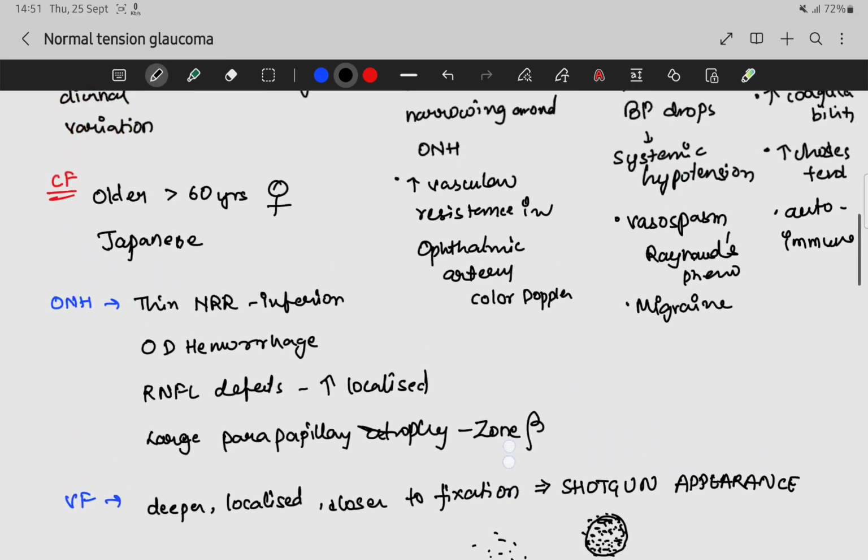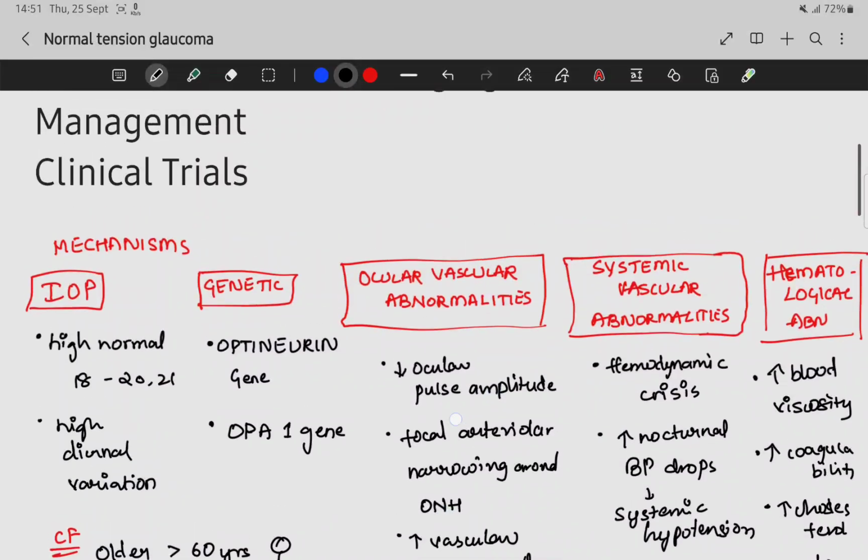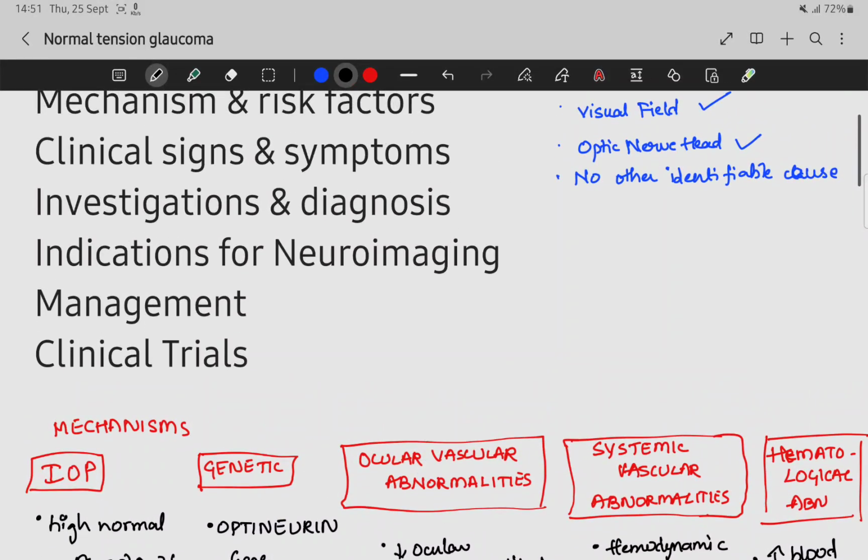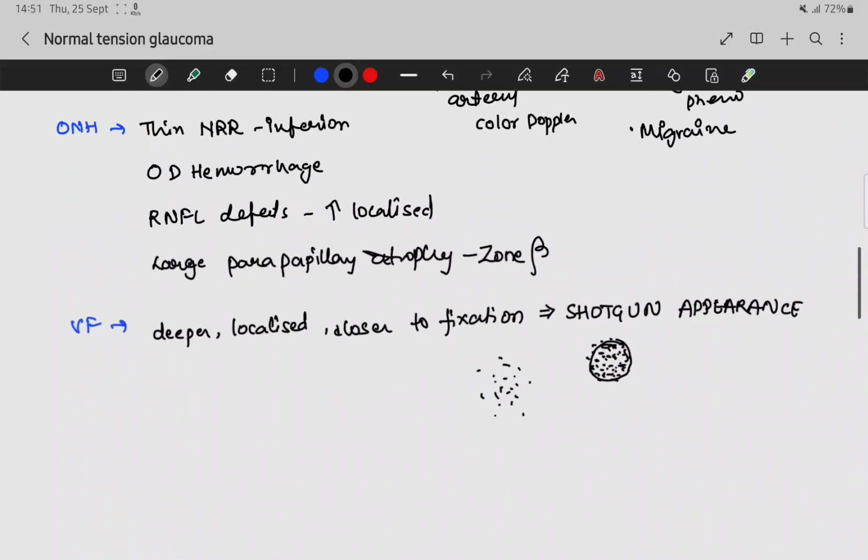Okay, so we have discussed clinical features, mechanisms, signs and symptoms. Now coming to investigations and diagnosis.